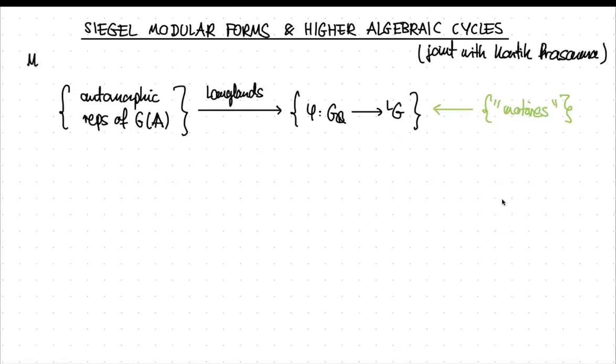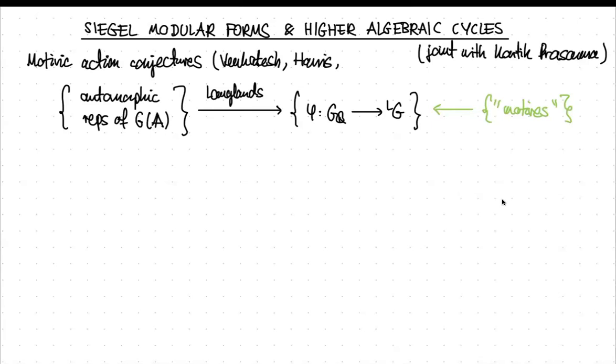And then the motivic action conjectures within this framework. This is a set of conjectures that was started maybe with the work of Venkatesh and also collaborators. There was a paper of Harris, Venkatesh, and Prasanna, Venkatesh, exploring in various settings the following thing.